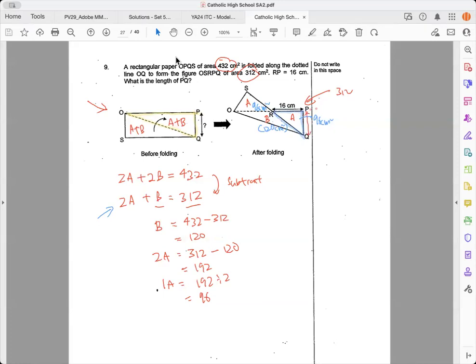That's what the question asks. So half times base, PQ, times height, which is 16, will give you the area of 96. So PQ will be equal to 96 divided by 16 times 2, and you will get 12. If you are not sure how to do this, you can simply do PQ is equal to 96 divided by 16 divided by half. Use your calculator to help you. You also get 12. So answer is 12 cm.